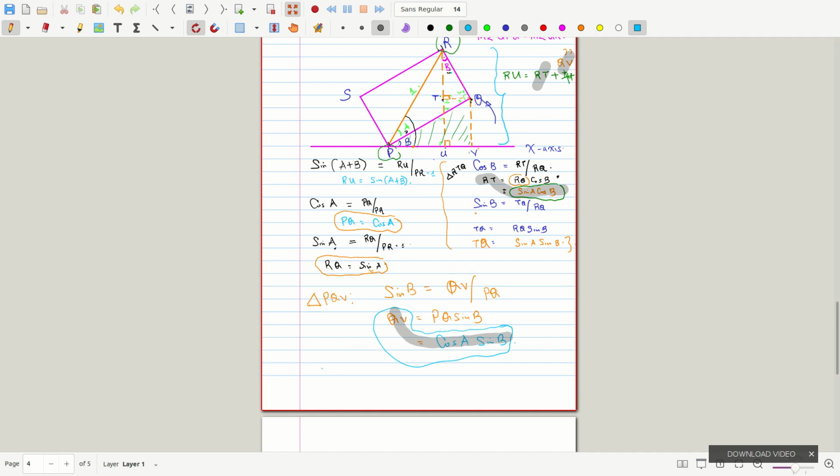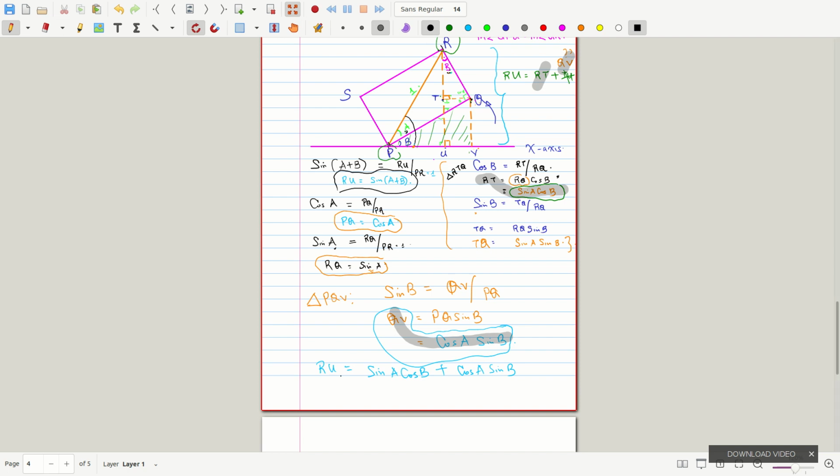So RU is equal to RT, which we have already seen as sine A cos B, and then we add QV, which again we have seen as cos A sine B. However, please note that we have an expression for RU already given to us here before.